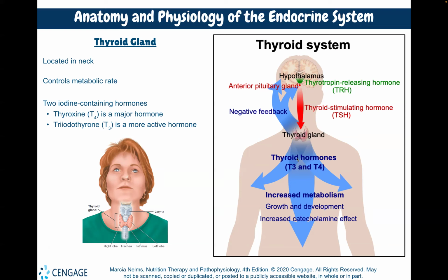So T3 and T4 are our thyroid hormones, and what they do is when they are secreted properly, they increase metabolism, which impacts growth and development and increases the secretion of catecholamines. So if we had too little thyroid hormone production, that would be called hypothyroidism, and we could see decreased metabolism, impaired growth and development.